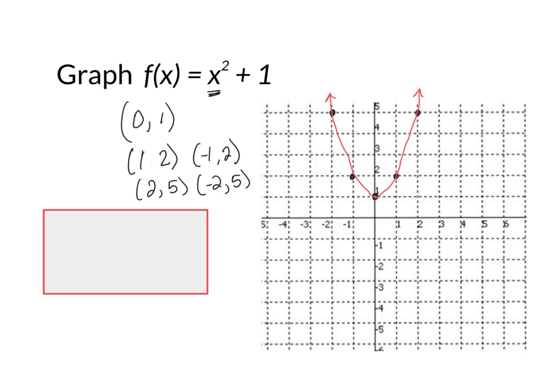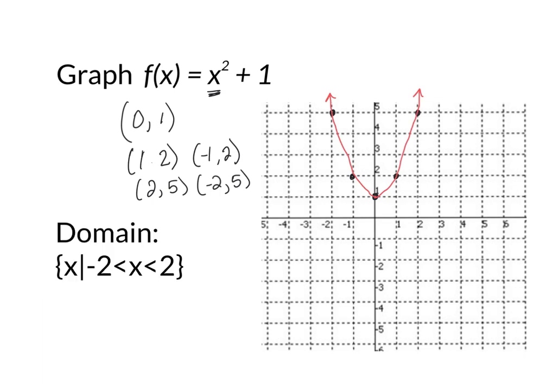However, there are times when they are going to restrict you with your domain, which we talked about, were your x values, right? Or your input values. And so your x values here, if they limit it and they say, well, we want you to only go from -2 to +2. And just as a refresher, they used a less than, not a less than or equal to. We have to do two things with this graph.